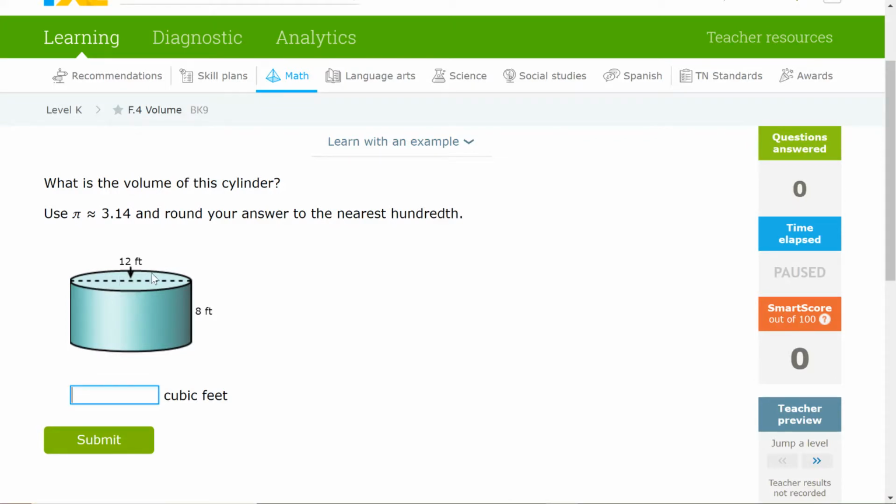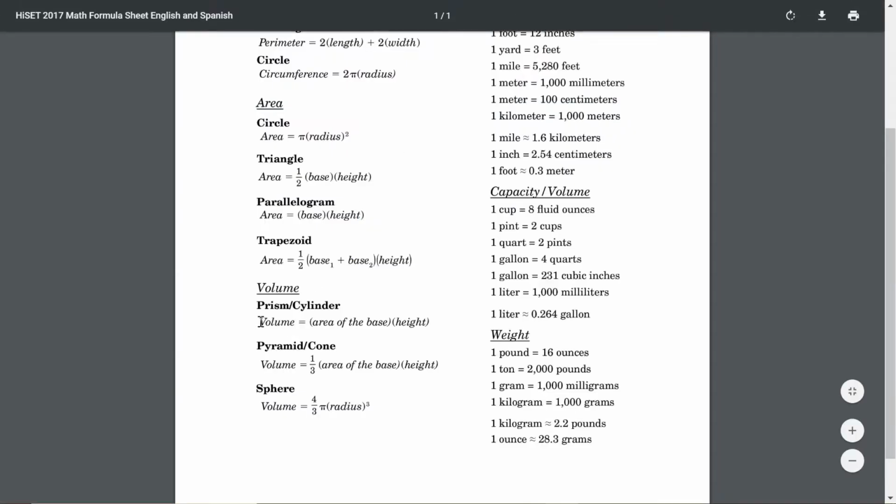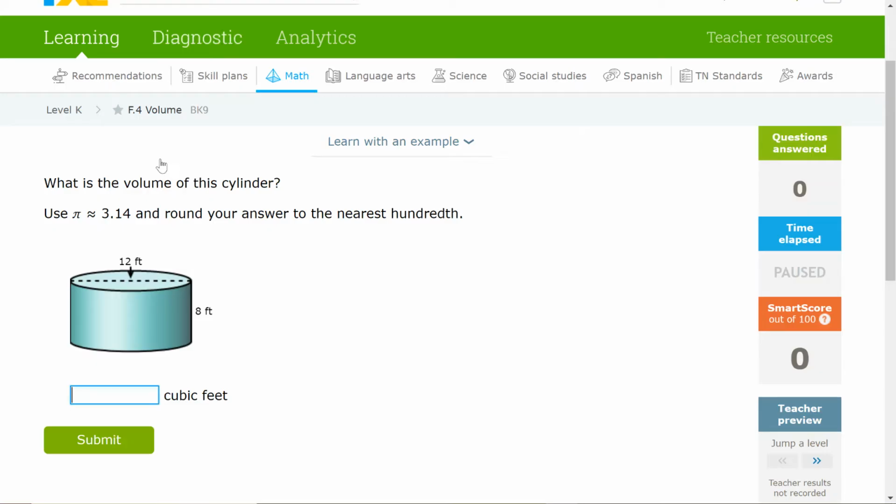So we'll start by finding the area of this circle, and then we'll multiply that by the height according to the volume formula. First I'll start by writing the area formula for a circle, which is the base. Don't be thrown off by the fact that it's the top that's labeled, because the bottom and the top are the same measurements.